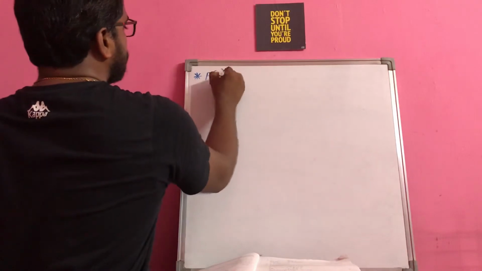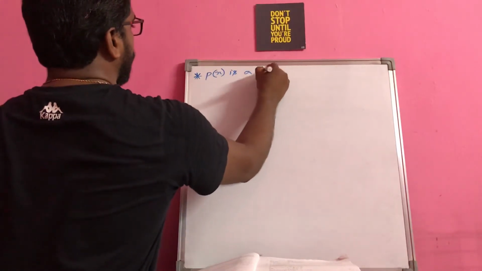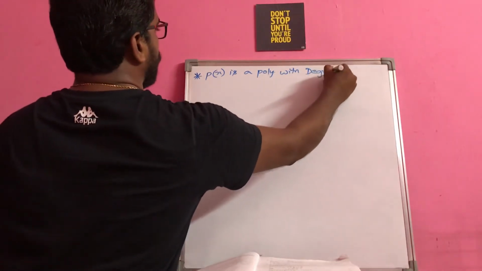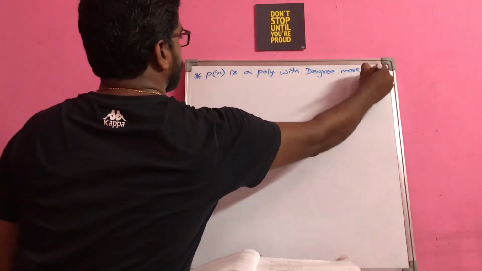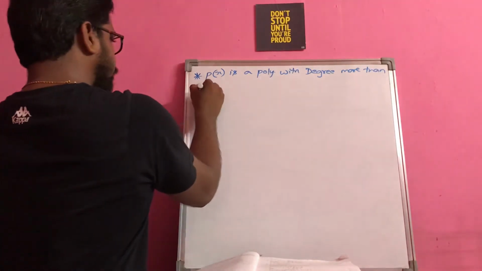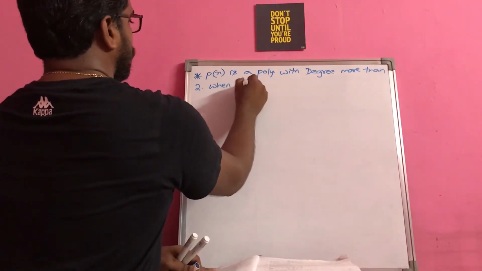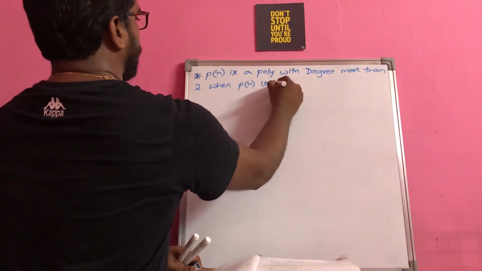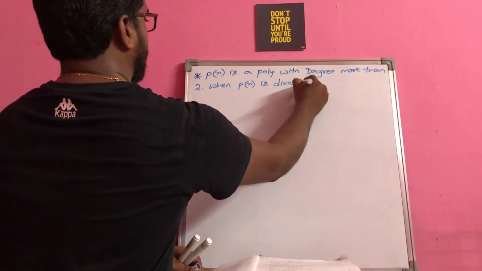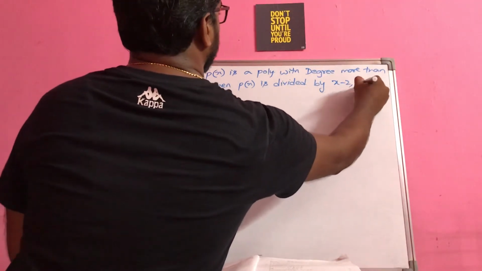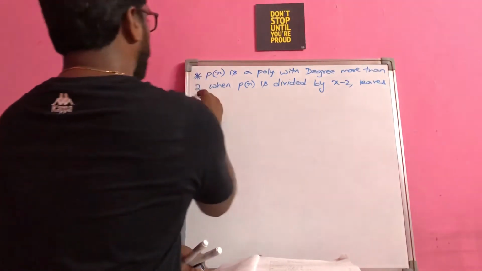P of x is a polynomial with degree more than 2. When P of x is divided by x minus 2, it leaves remainder 1.